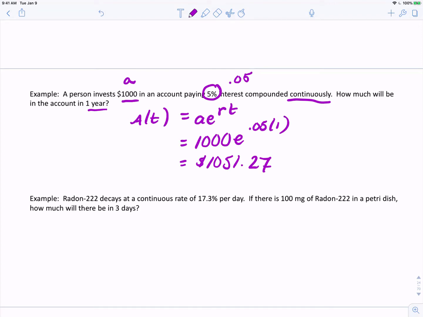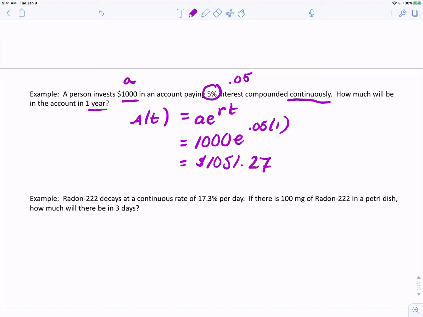Let's take a look at a decay model. Radon 222 decays at a continuous rate of 17.3% per day. If there is 100 milligrams of radon 222 in a petri dish, how much will there be in 3 days? For continuous decay, instead of growth, which is positive, decay is negative.